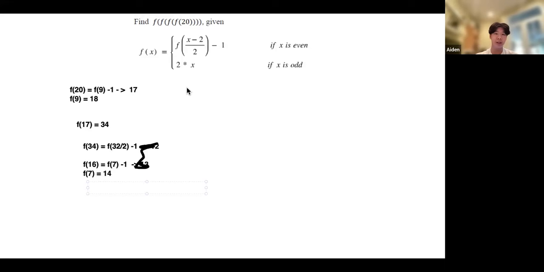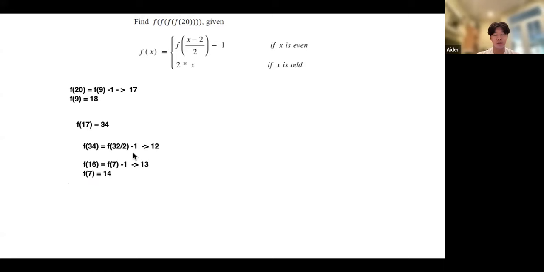Okay, so now we need to find the fourth and final function. This is actually correct.